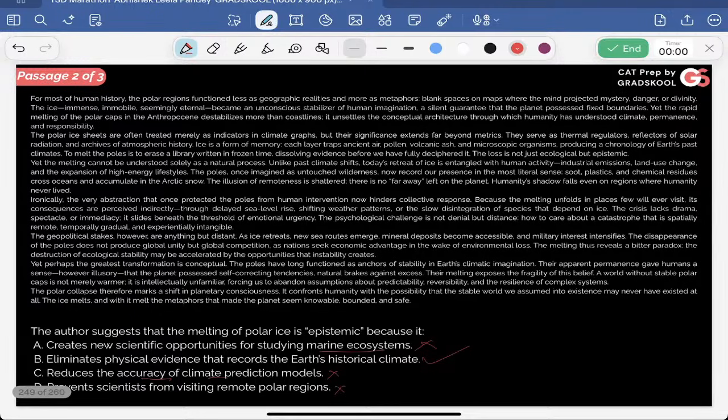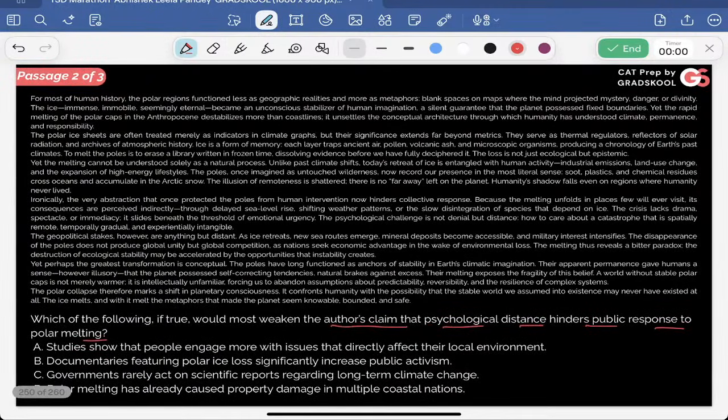Now, second: which of the following, if true, would most weaken the author's claim that psychological distance hinders public response to polar melting? Studies show that people engage more with issues that directly affect their local environment.